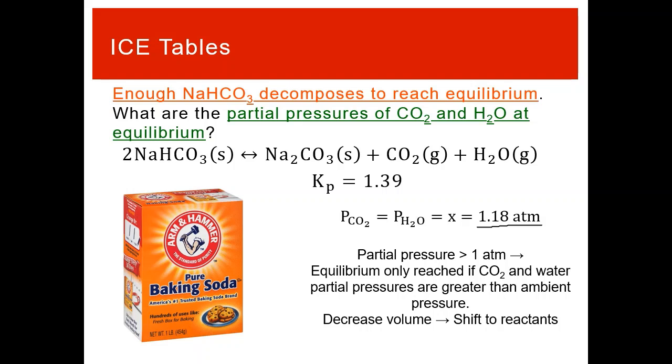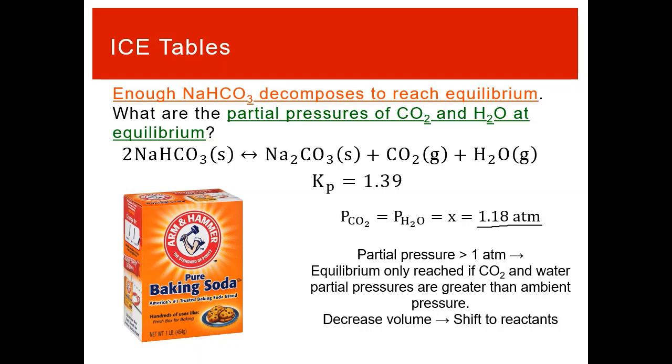So in order to reach equilibrium, the pressures of those gases would have to be greater than the air pressure you're under, which just isn't going to happen. That basically means if you're in open air and this reaction starts happening, it's just going to go all the way to completion. You'd have to have an atmosphere made up of water and CO2, which would not be livable, and it just isn't going to happen.